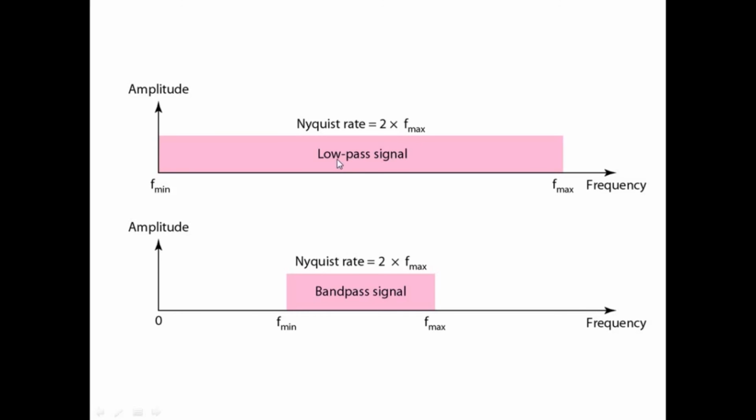Low pass means it passes only the frequencies up to this frequency limit, and above this frequency the signal is stopped. This is the meaning of a low pass signal. Likewise, in band pass we have the signal between the minimum frequency and the maximum frequency sampled by the sampling process, and the rest of the signal will be zero. This is the meaning of the frequency bound for both low pass and band pass signals.